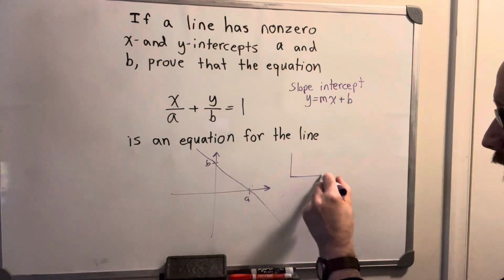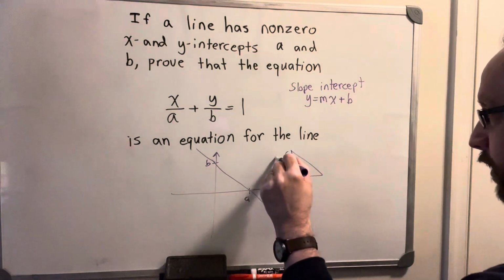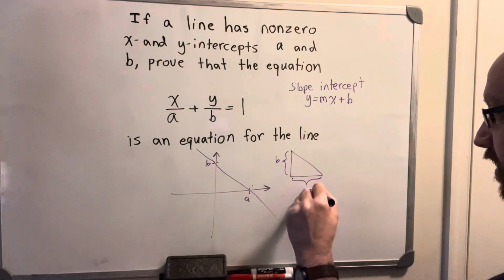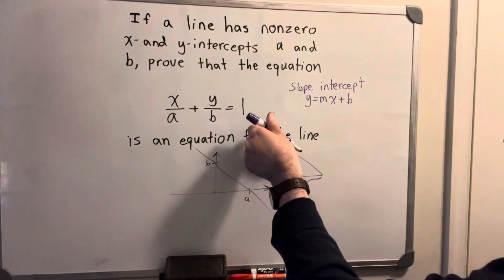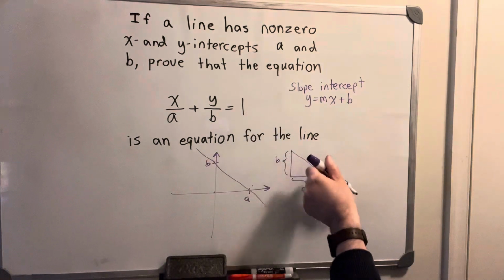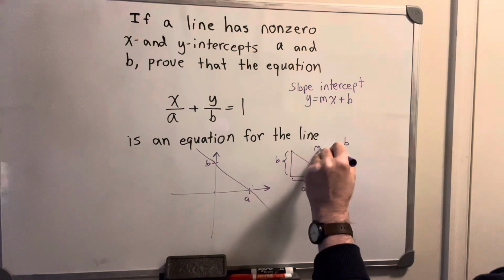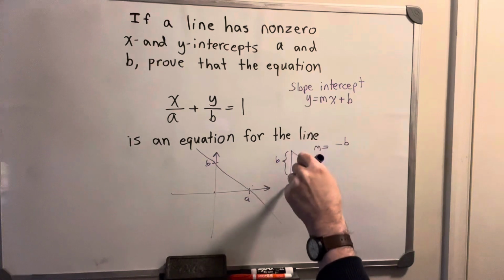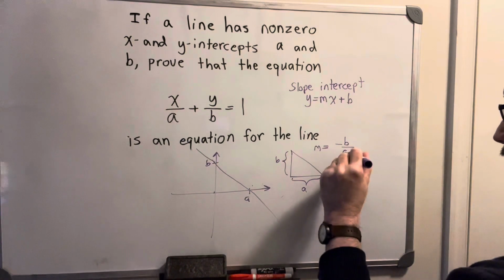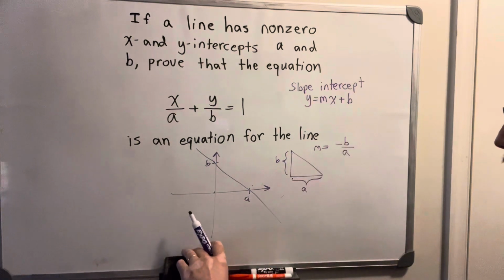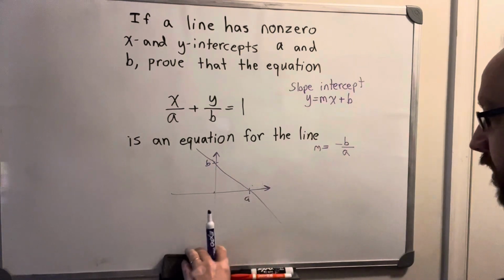Let's draw a triangle here with rise, this is b, and this is a, because this is 0, 0. Now, as the slope is traveling in this direction, what is the change in rise? It's actually minus b, because it goes down b, if we consider b to be a positive number, and it goes forward a. So there we go. We can say that the slope m is minus b over a.